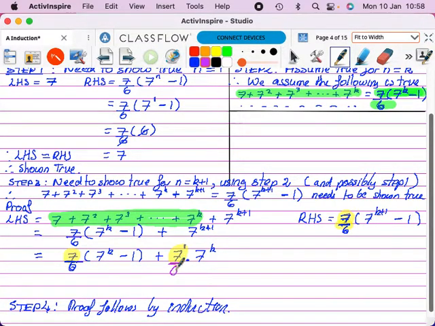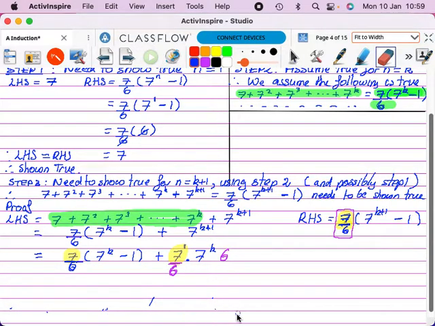I'm going to put a 6 on the bottom. But if I put a 6 on the bottom, I need to put a 6 on the top. Why did I put that 6 on the bottom? Because according to the right-hand side, I need to factorize out a 7 over 6. Do I have a 7 over 6 to factorize out? And the answer is yes, I do. So now I can move my problem on.